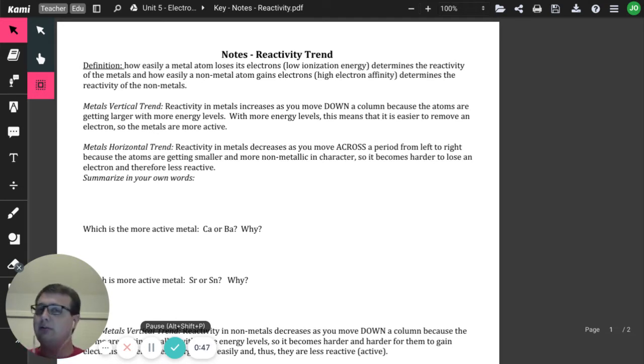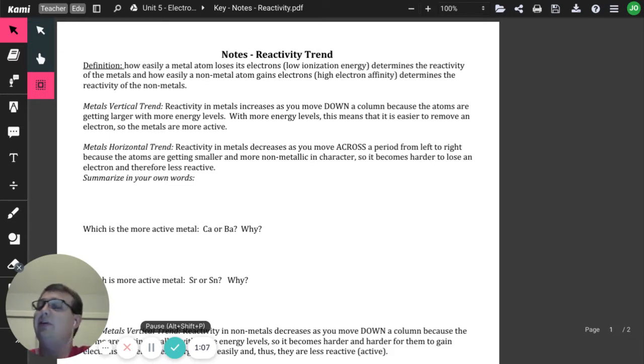Okay, so the trend for this, really for reactivity for a metal, is ionization energy. The lower your ionization energy, the more likely the metal is to react, which means it is going to be more reactive. Okay. Now, for nonmetals, we use something called high electron affinity.